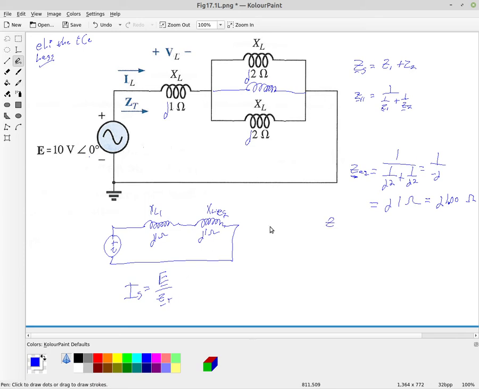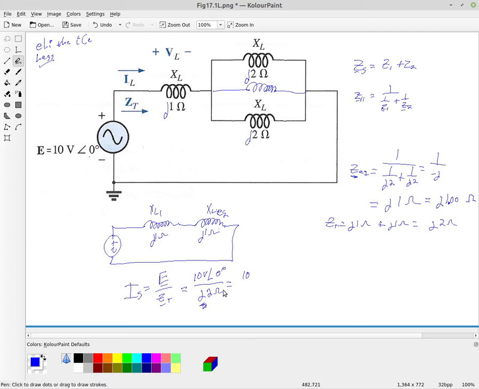Z total is just the sum of these two, so Z total is going to be J1 ohm plus J1 ohm, which is J2 ohms. So we take that and we have our voltage, which is 10 volts, angle 0 degrees, divided by J2 ohms.